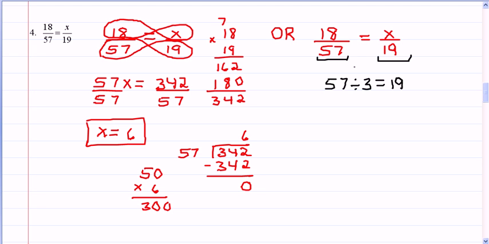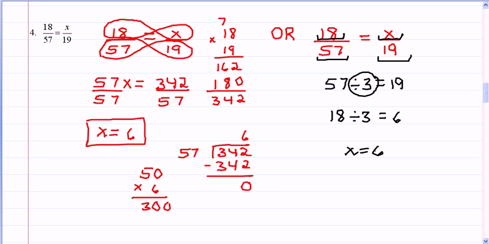So if you notice this happening in a problem where you can divide either the denominator or numerator to get the one on the other side, you can use this same number on the other part of the fraction. So if I take 18 and divide it by 3, that gives me 6, which represents this x.